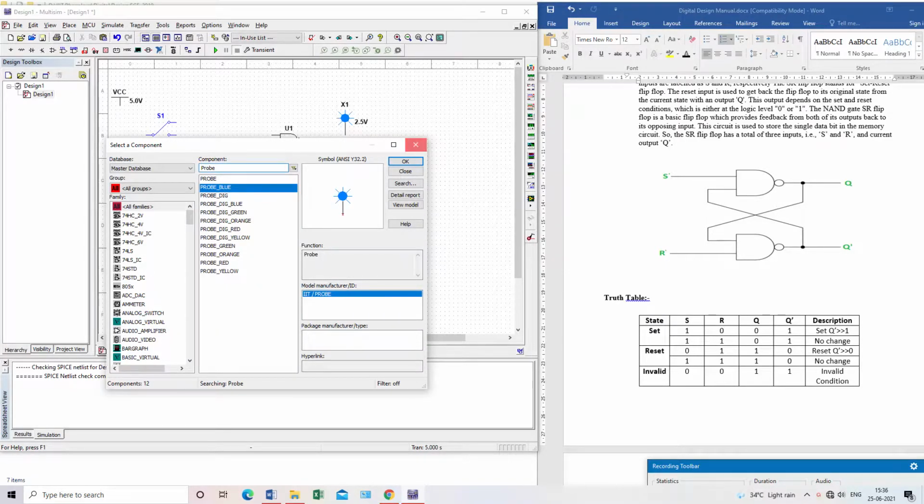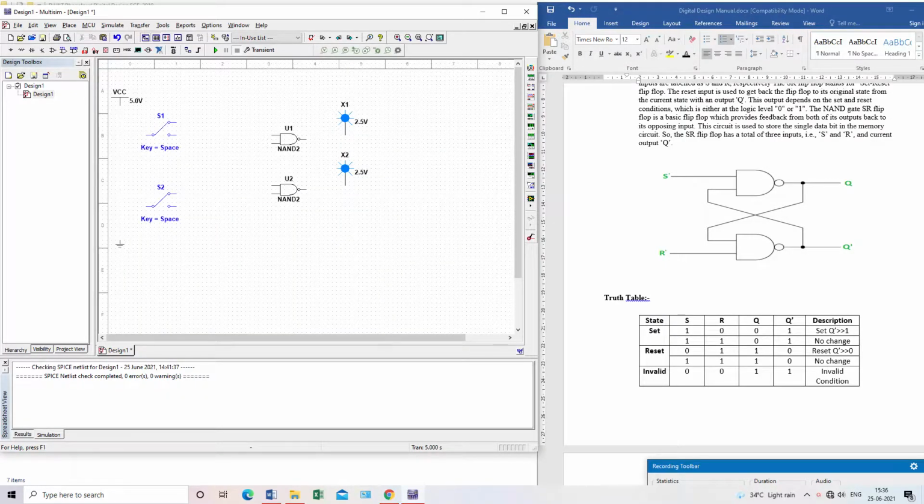Okay, all done. Next, we will rotate this one. Connect this one with VCC, this one with VCC again, and this one with ground, and this one with ground.